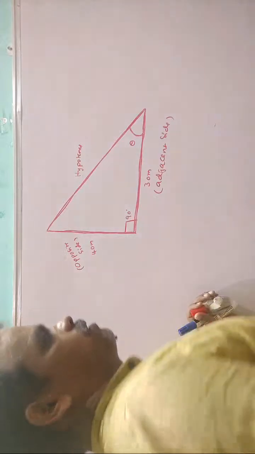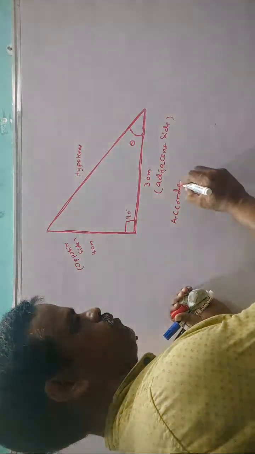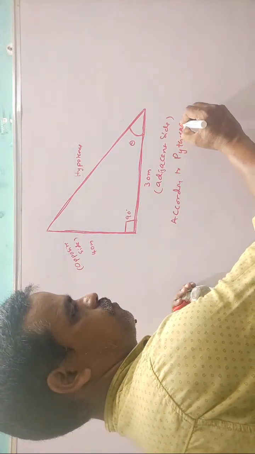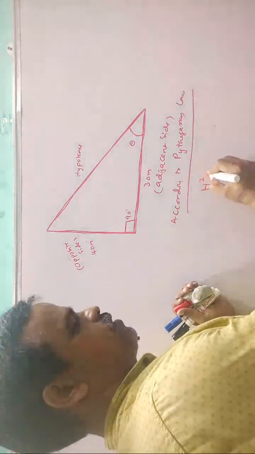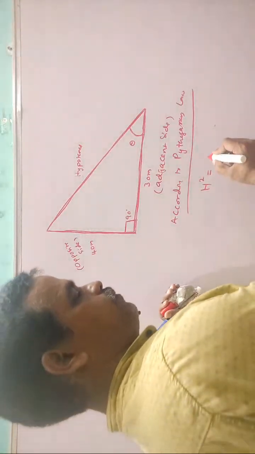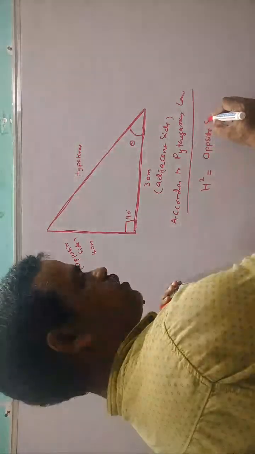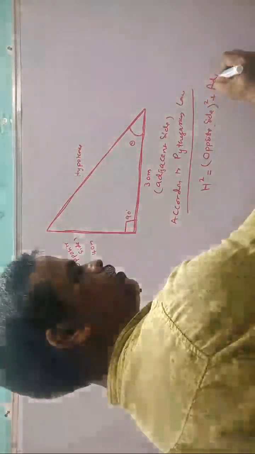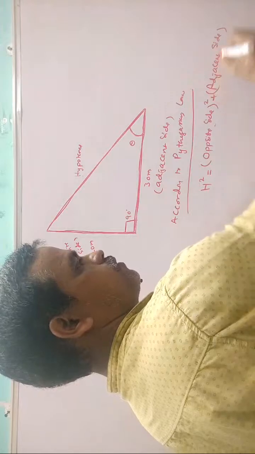Hypotenuse. Now, according to Pythagoras law, hypotenuse square equals opposite side square plus adjacent side square.